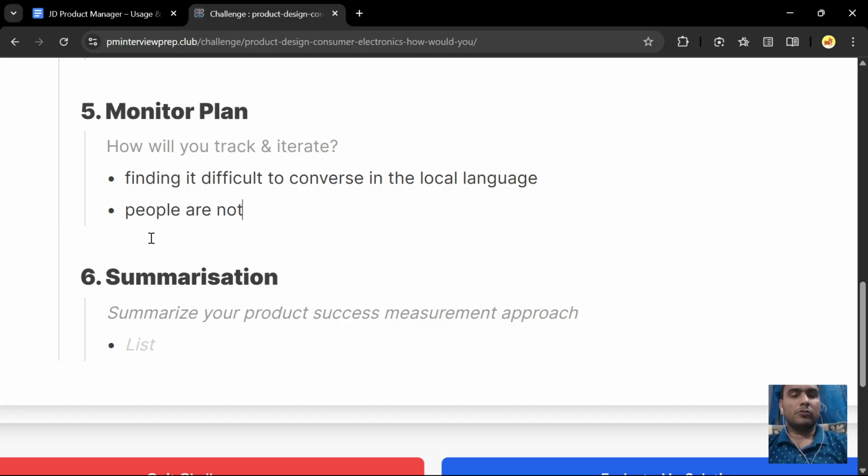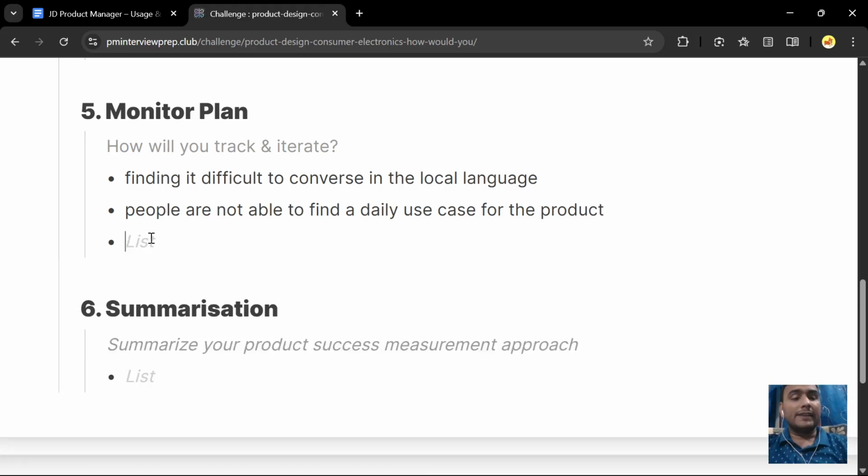Let's say people are not able to find a daily use case for the product. Maybe they have purchased it seeing their friends or seeing it in the news or an ad, but once they bought it home and try to use it, there is an initial excitement.